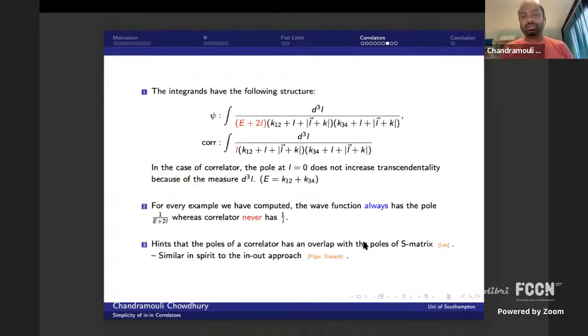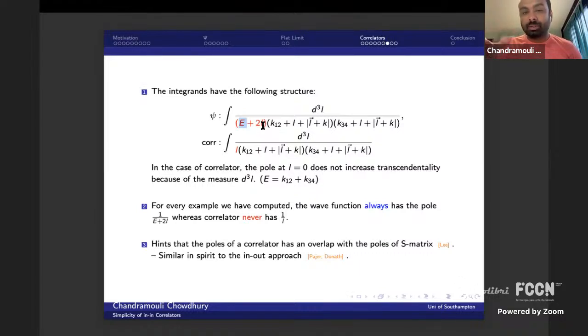And it is the following. The reason why you have a simplicity here is the following simple structure of the integrand. So if you look at the wave function's integrand, then you essentially have terms which look like sums of this. You have sums of slightly different terms, but they're all of this form. But you have a pole in something like k12 plus k34, E is just that, plus 2L.